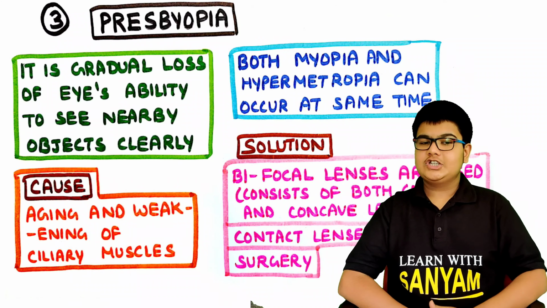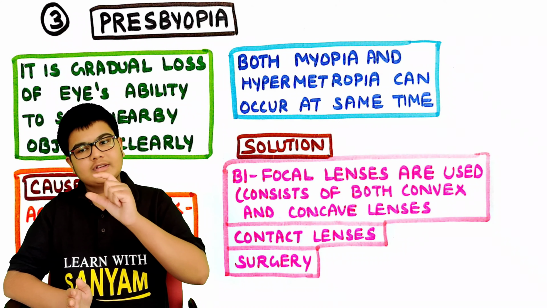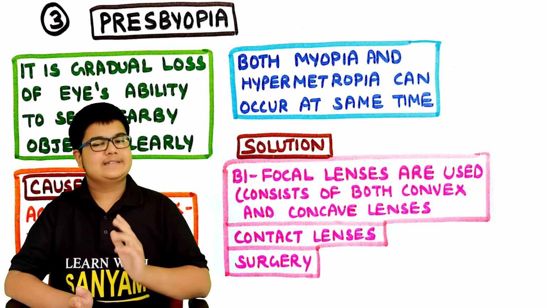Bifocal lenses consist of both concave and convex lenses. The upper portion of a bifocal lens is usually concave, and the lower portion is convex.